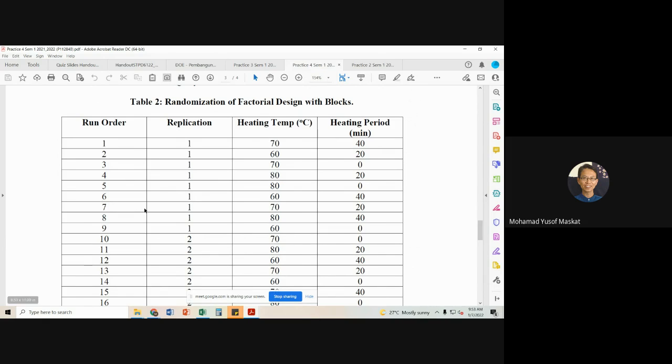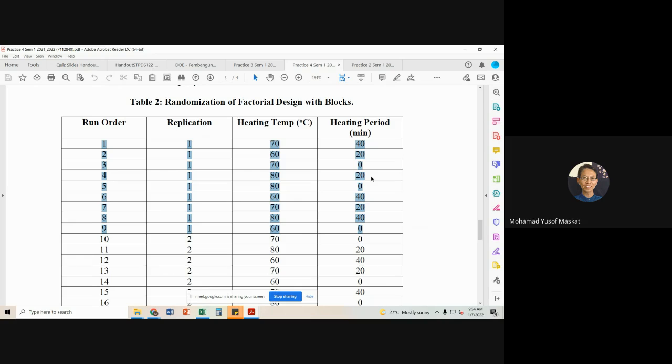So you can see that there is total randomization of the heating temperature and total randomization of the heating period, but only within the block. When you look at the replication, there is no randomization. It is rep 1 first, and then rep 2, and then rep 3.